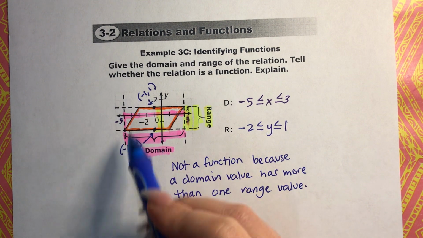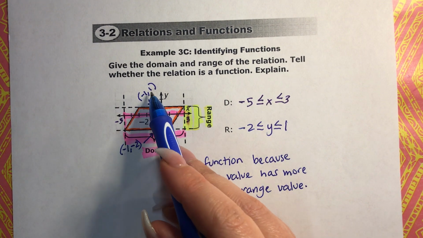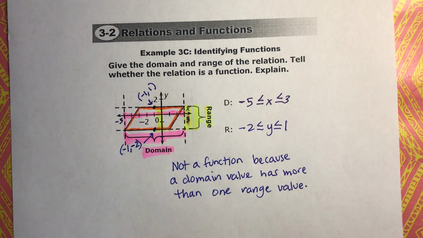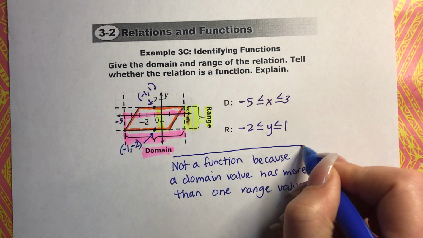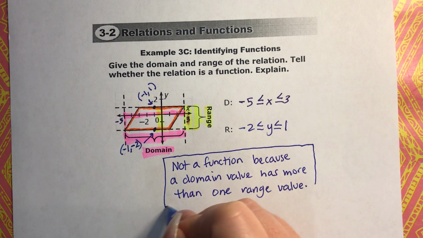This domain value of -1 has two different range values, 1 and -2. Okay, so that's the reason why it is not a function.